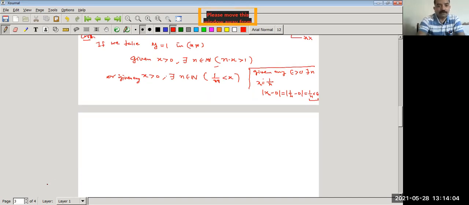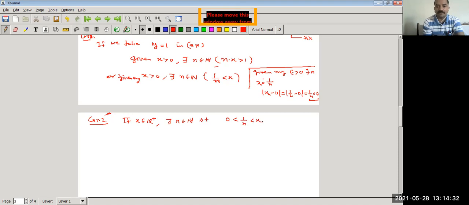So corollary number 2: if x belongs to R positive real number, there exists n belongs to natural number such that 0 is less than 1 upon n is less than x.